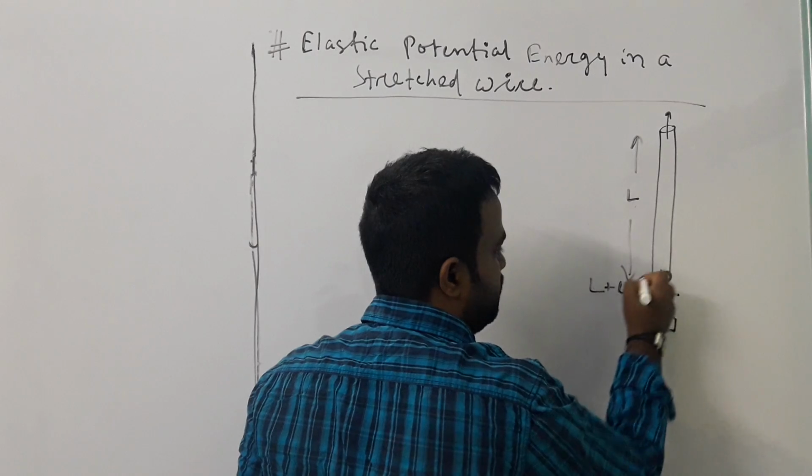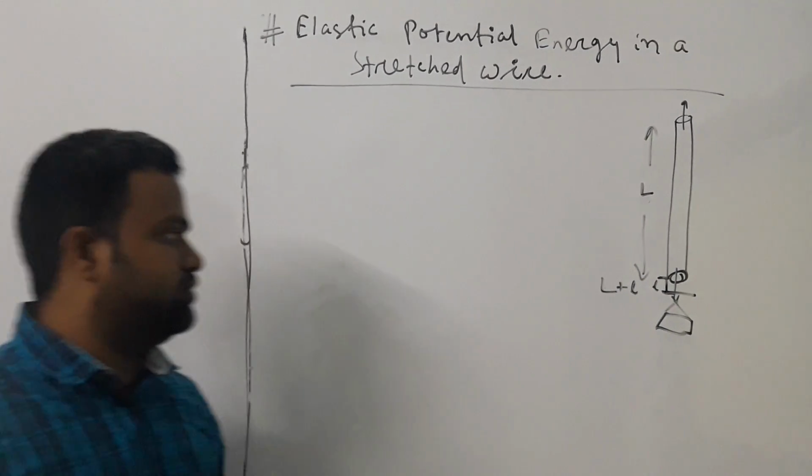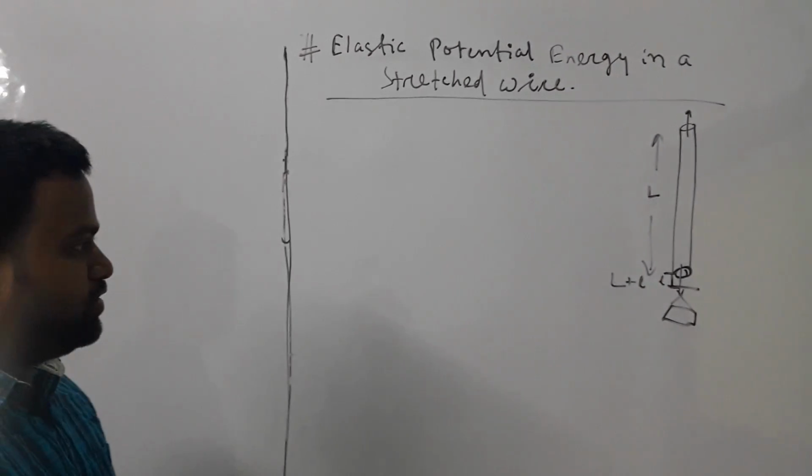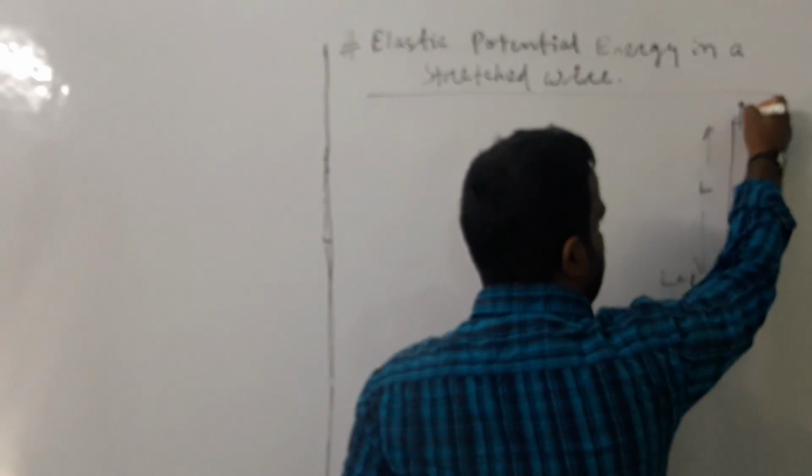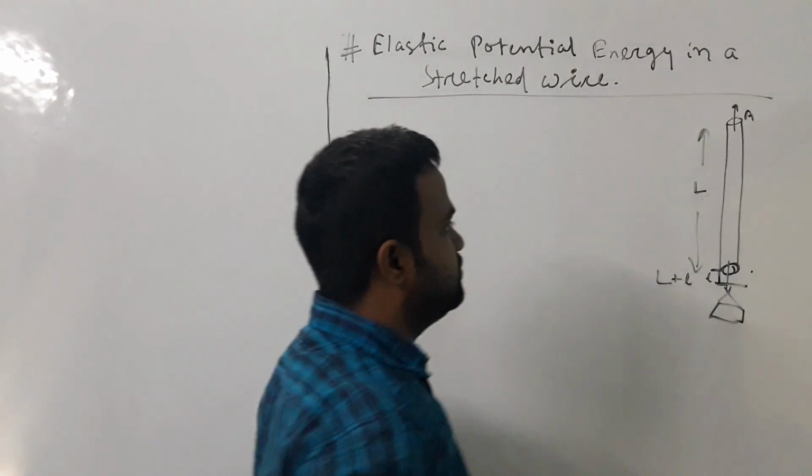The area of cross section of this wire, let it be capital A.